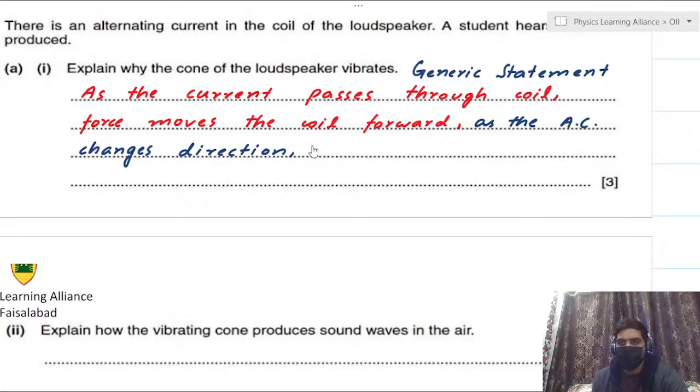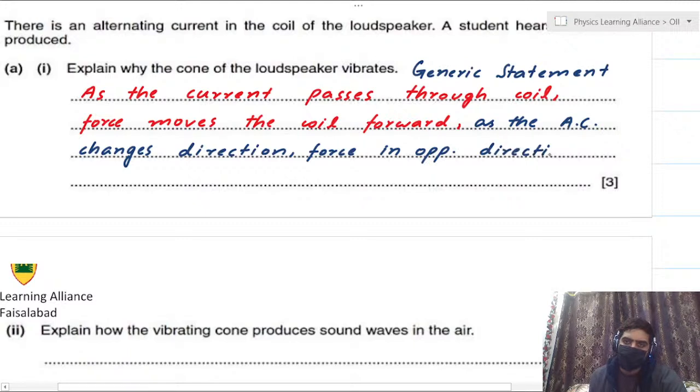So the force would move the coil in the opposite direction, back in.